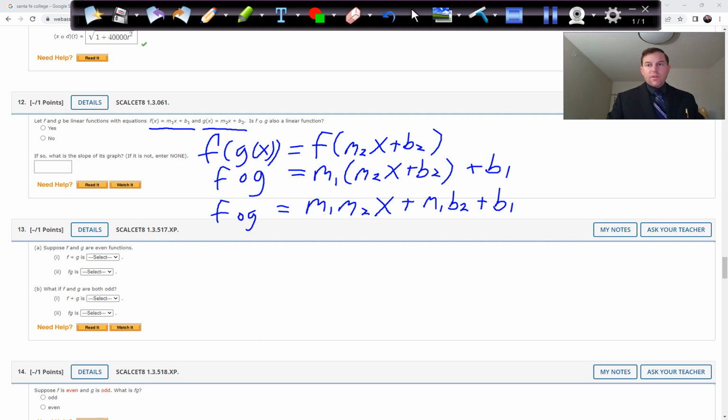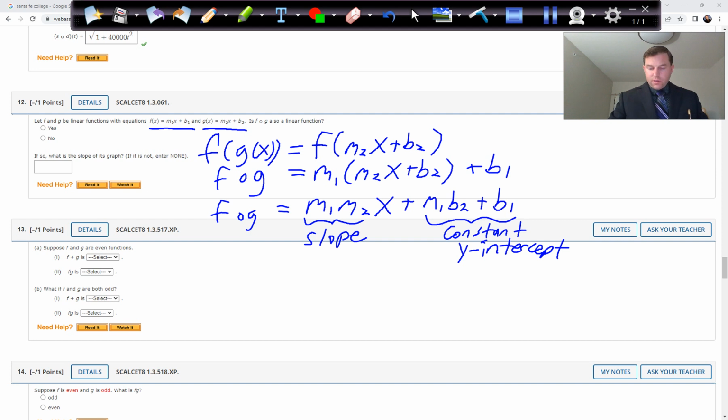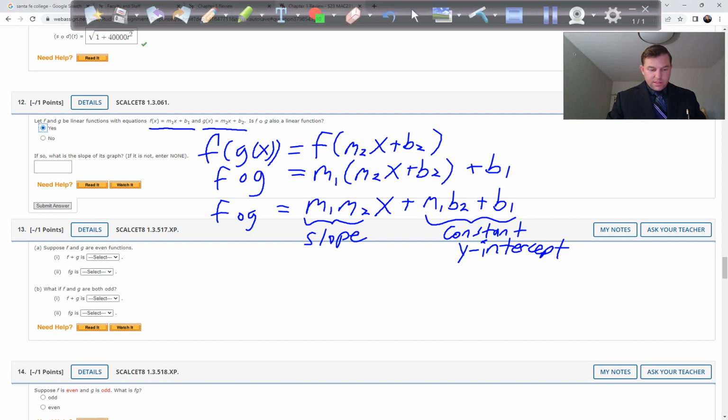This is still linear. So this is now the constant that we used to call b, and all of this is now the slope. So this is the constant or the y-intercept. It's just a number. And now the slope is the previous two slopes combined. So we would say, is this linear? Yes, it sure is.